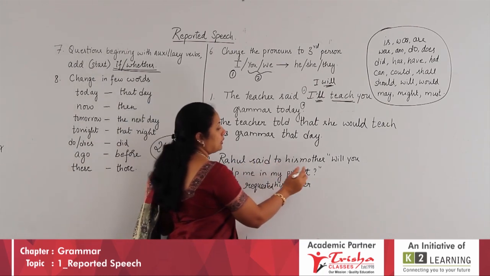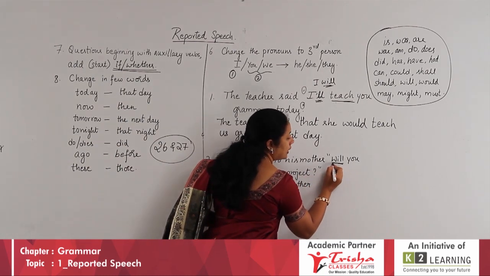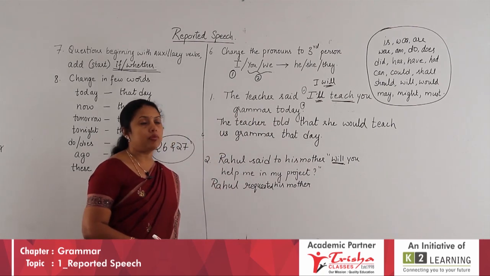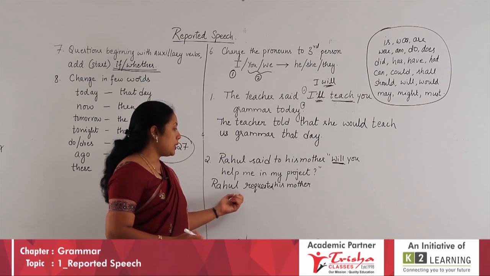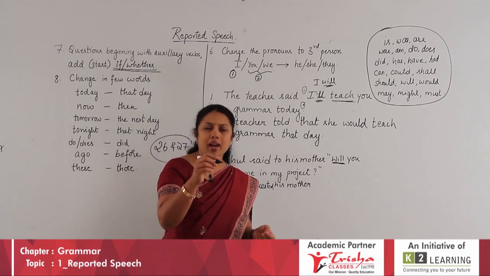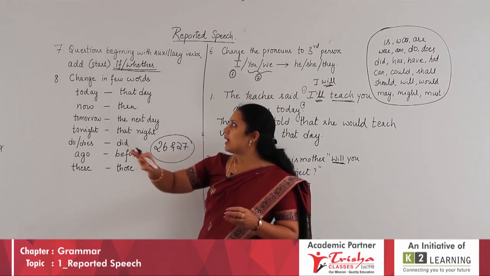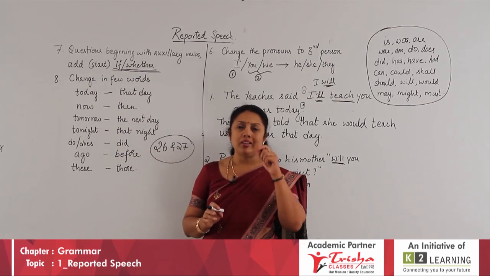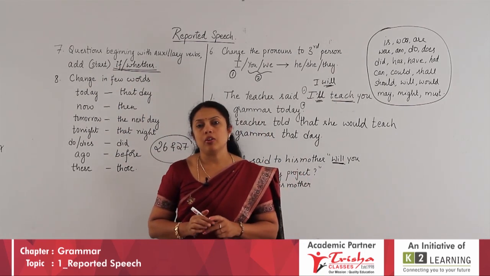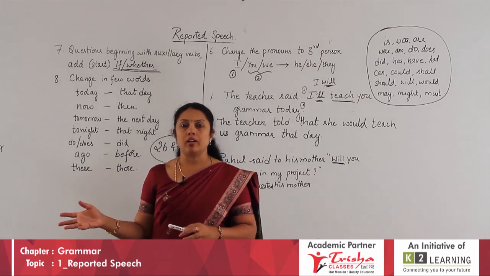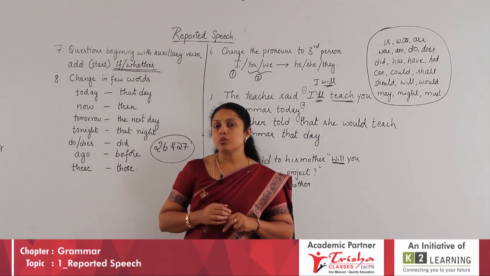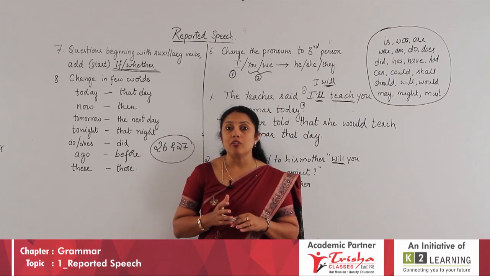Rahul said to his mother, there is this auxiliary word and the sentence beginning with the auxiliary word, that is will. Now how do I change this? Requested his mother. You can definitely write if or whether. Anything that you use, it will be giving you marks. You don't have to worry whether marks will be given to you if you don't write whether. There are students who still get confused with the spelling of whether.